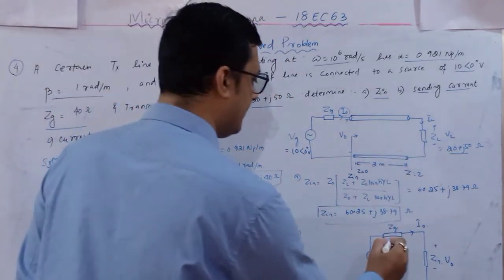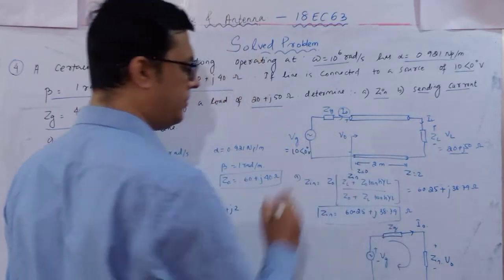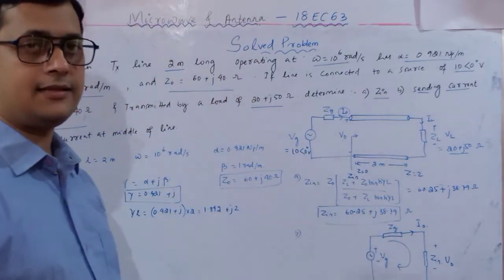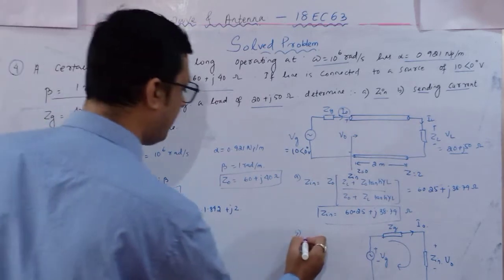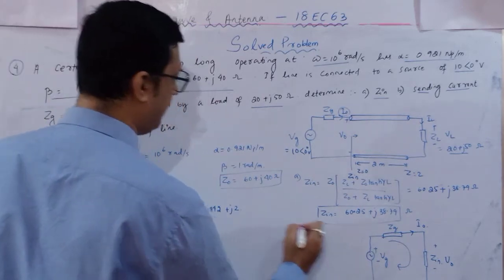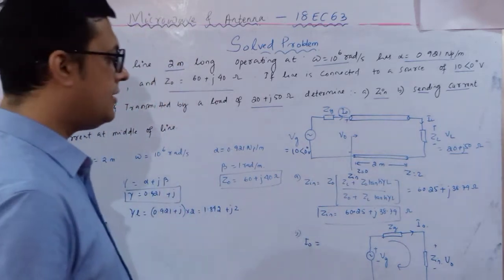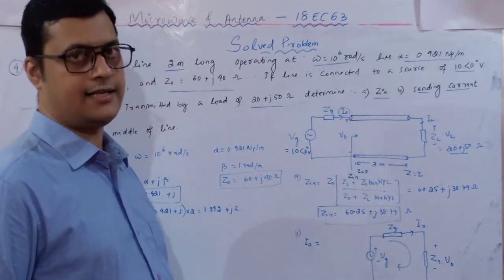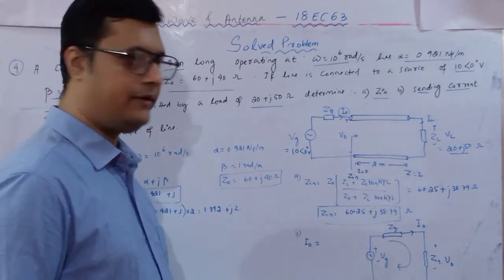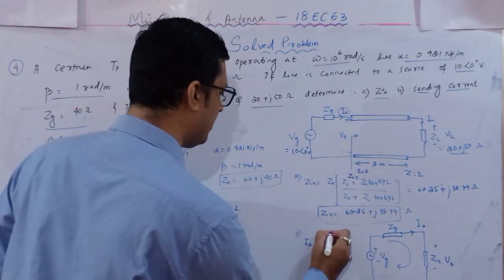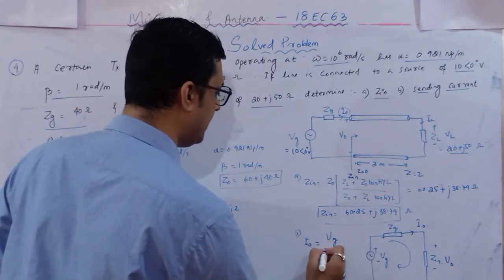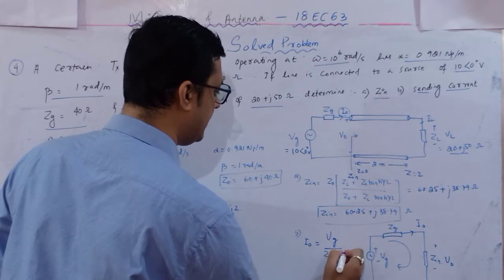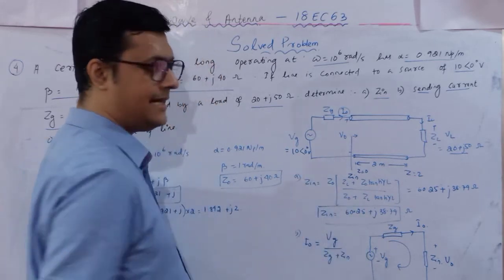This is the loop. But how to determine this current? Current formula is potential by impedance in that loop. So what is the total impedance? Zin plus Zg, and what is the source? Vg. So that means I0 equals Vg divided by Zg plus Zin.